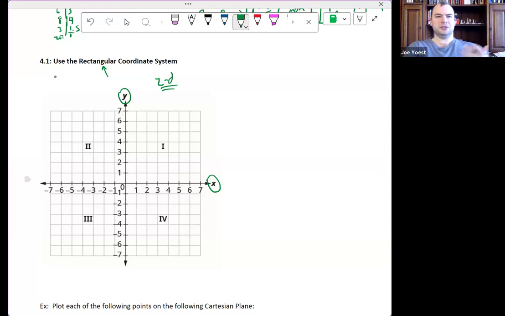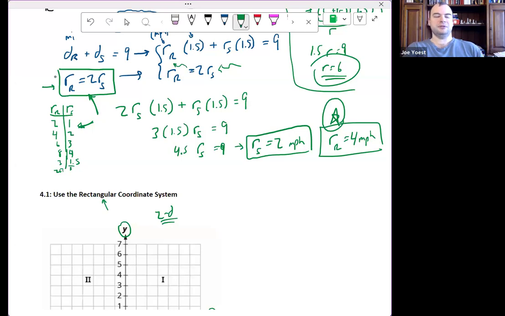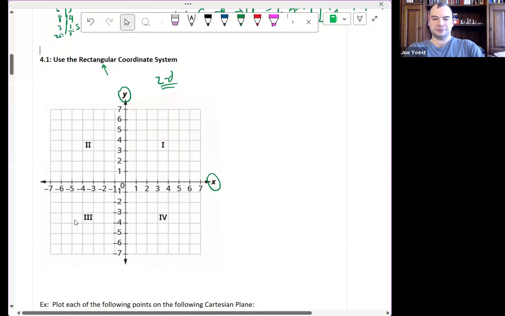So we have two variables, and we're trying to somehow describe their relation to one another. Again, we could describe that relation through words, or through an algebraic structure like an equation, or through a table of values that show the different possibilities for that relationship, or we could use a graph. And that's going to be the focus of chapter 4.